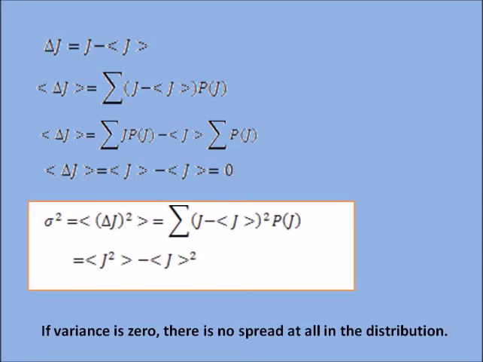It is the square of error, and then we calculate its mean. It is denoted by sigma square and given by mean of square of delta j. And if we solve, we get it as mean of j square minus square of mean j. So this quantity, variance, or its square root, called standard deviation, gives us the spread of distribution.